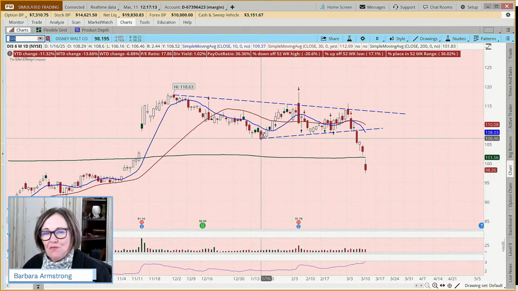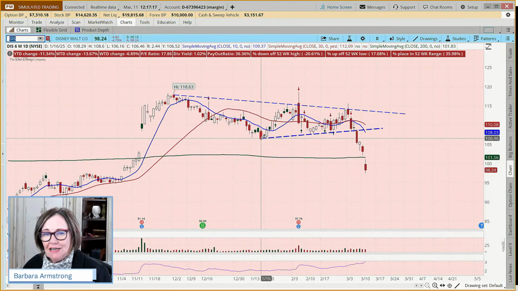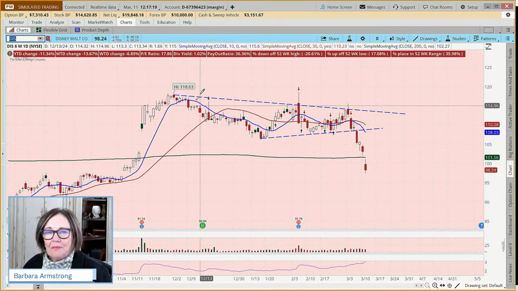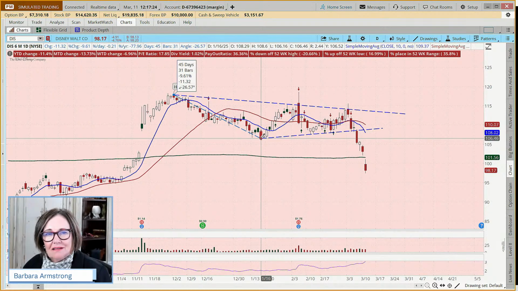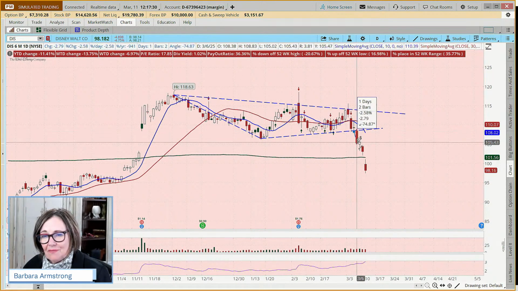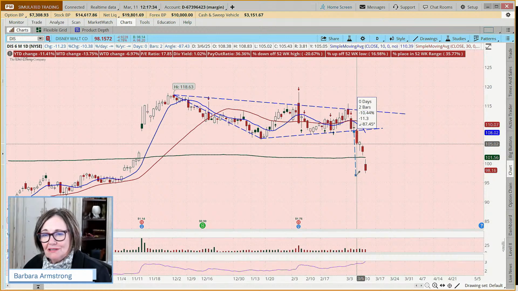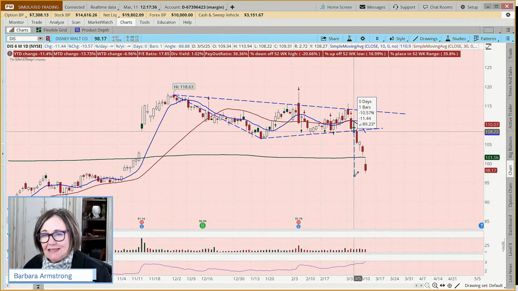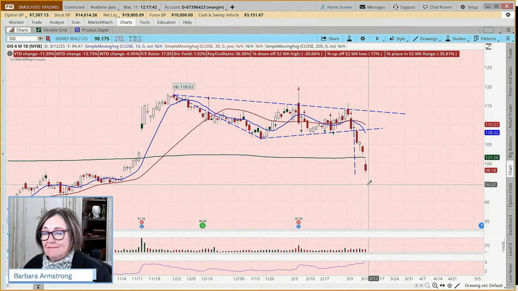And how might we measure this move? Well, we might say, if we're coming from here to here, so how big a move is that? $11.32. So if we come here and say, wow, if we're expecting this to move maybe $11.32 to the downside, if it breaks out, it's pretty much made that move, hasn't it?